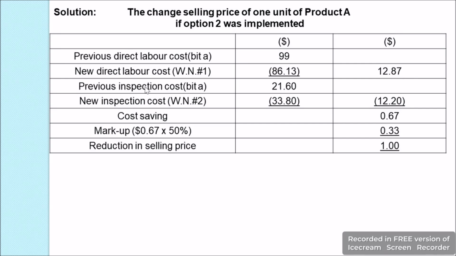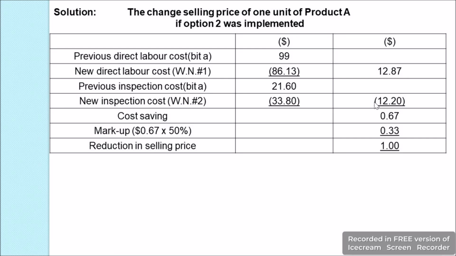Then we have the inspection cost. In bit A of the question we got this as $21.60. Now the new inspection cost which we calculated in the second working notes is $33.80. So when we subtract $21.60 from this, the cost has increased by $12.20.